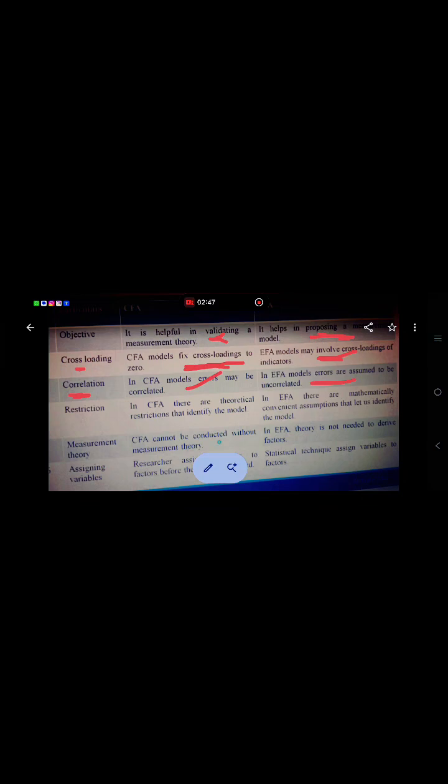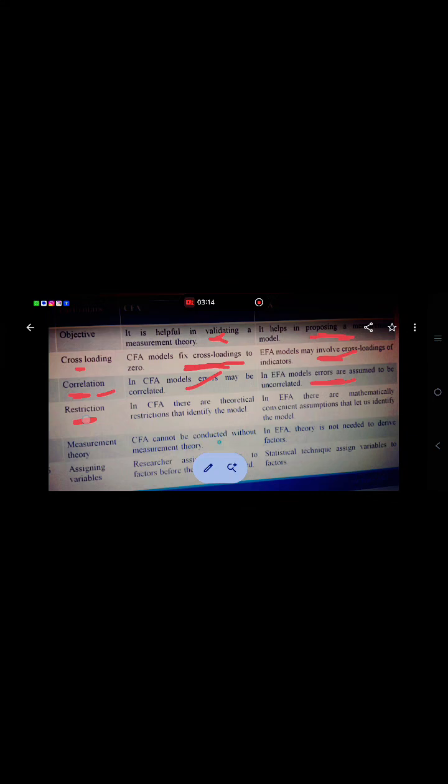Cross-loading does not happen in confirmatory factor analysis, while cross-loading may happen in exploratory factor analysis. Then we have correlation. In confirmatory factor analysis, the error terms can be correlated with each other, but in exploratory factor analysis, the error terms are assumed to be uncorrelated.